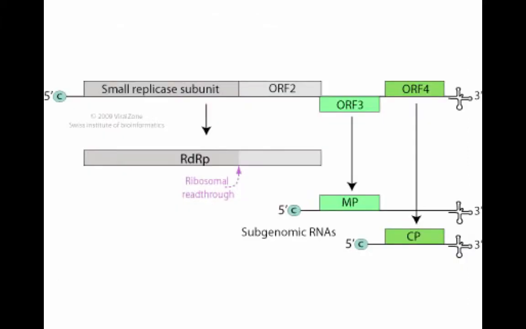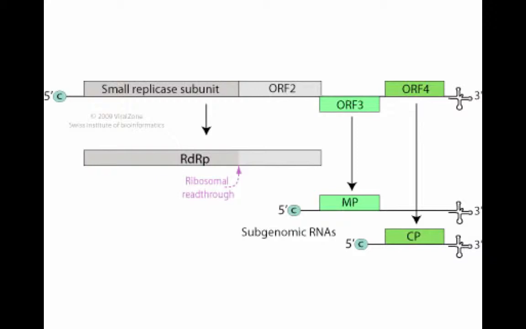So it's a message-sense RNA virus, which means that when it gets in the cell, it looks to the cell like a messenger RNA. And a messenger RNA would go to a ribosome and get translated into protein. And that's exactly what this virus does. It looks to the host cell like an mRNA.